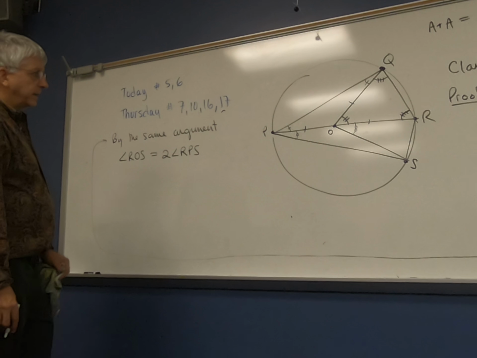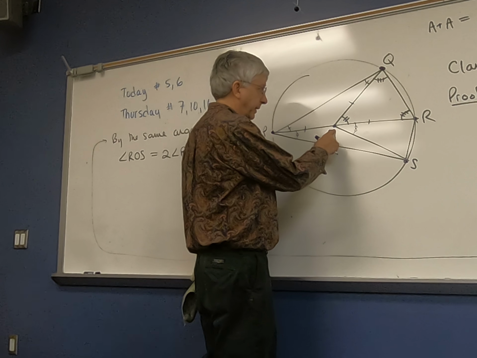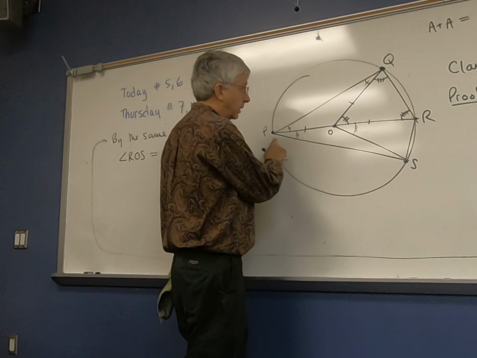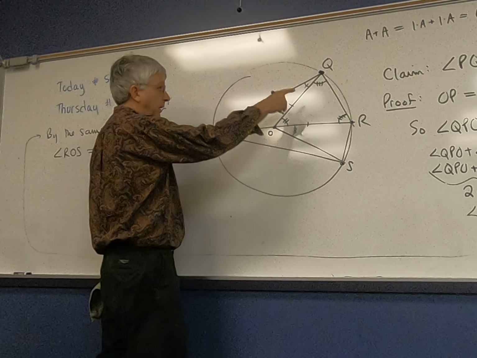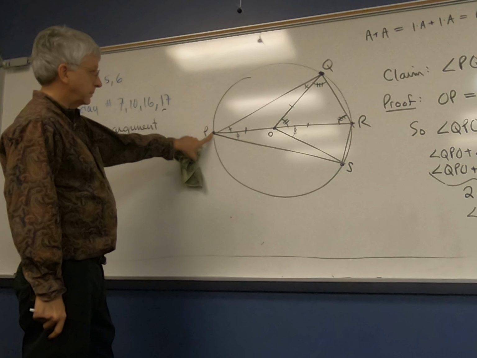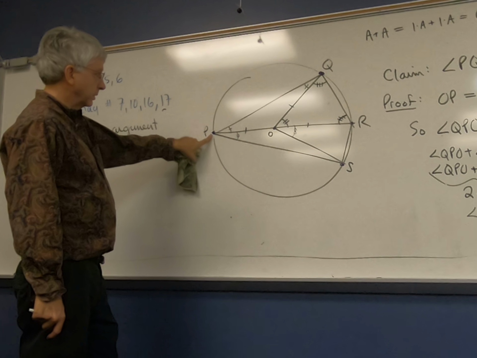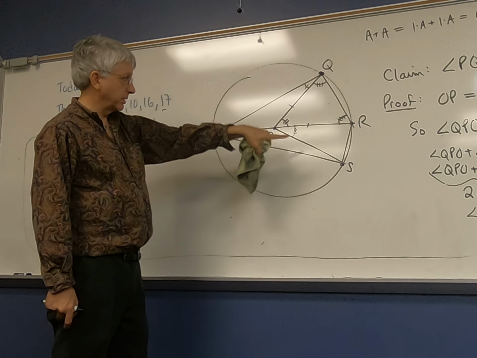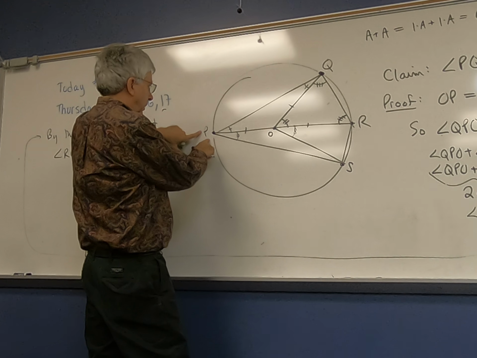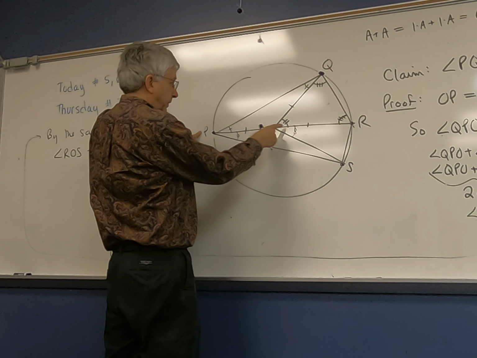And I'm using these phrases, so the central angle is the angle subtended by an arc at the center. Circular angle is the angle subtended by an arc on the circumference. So the circular angle is half the central angle subtended by the same arc. So this arc QS subtends an angle at P, which is half the central angle.